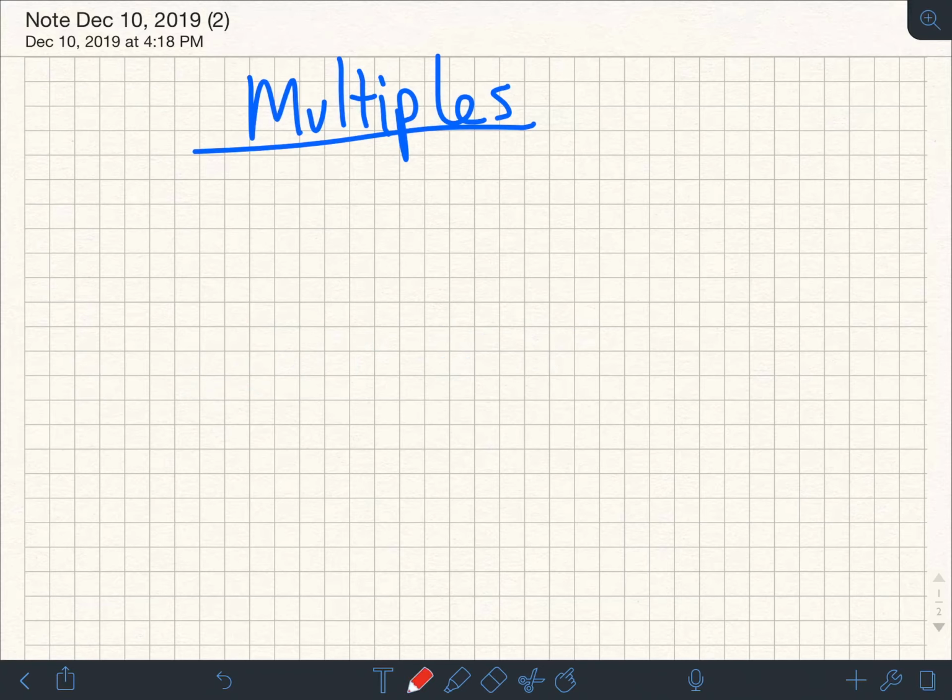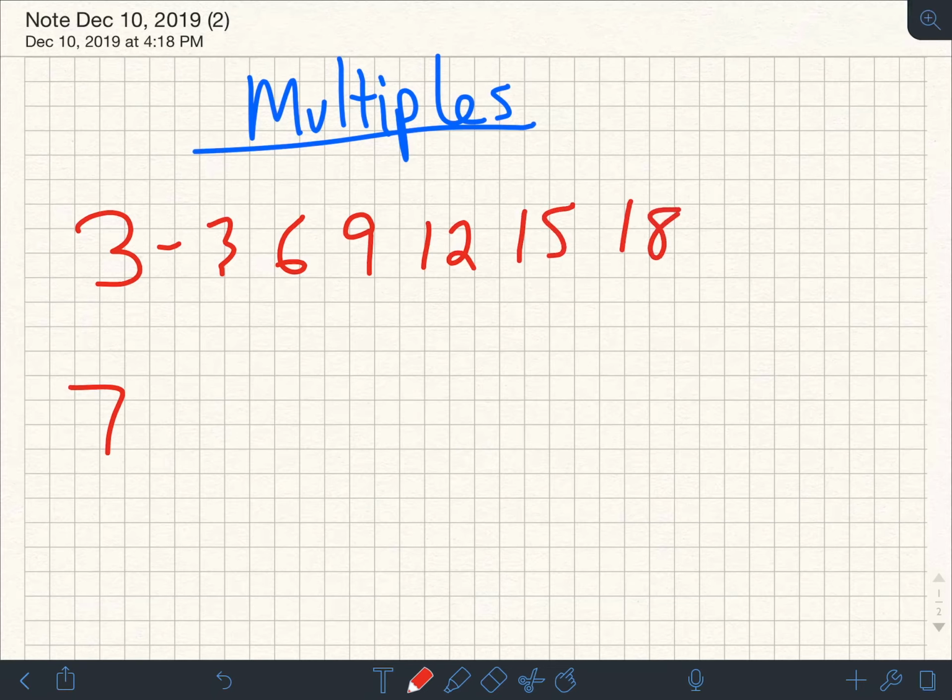Okay, let's find the least common multiple for, let's do 3 and 7. So my multiples of 3 are 3, 6, 9, 12, 15, 18, 21, 24.